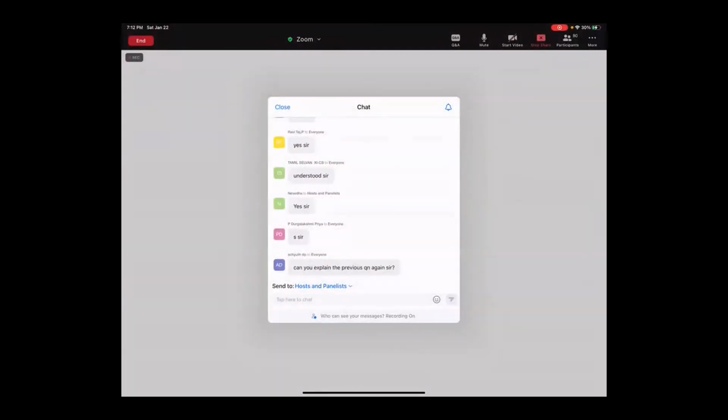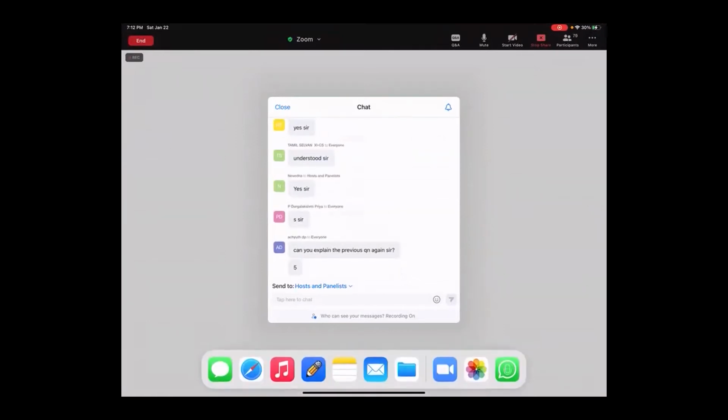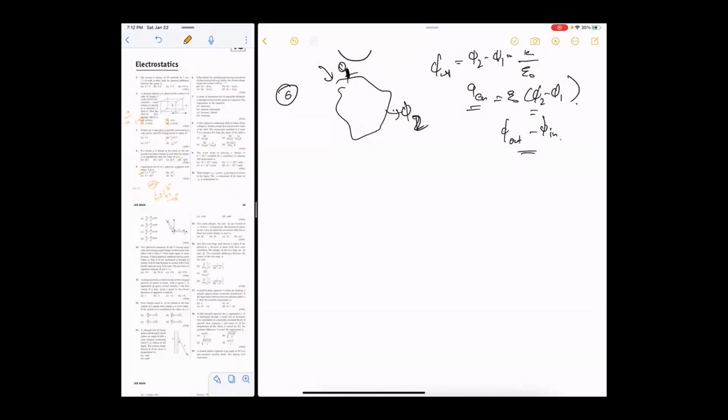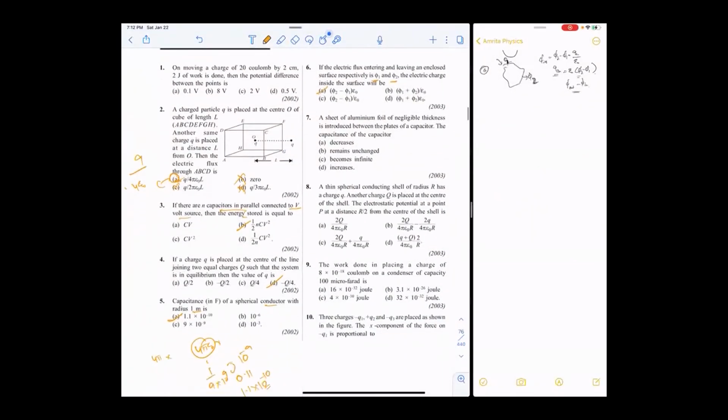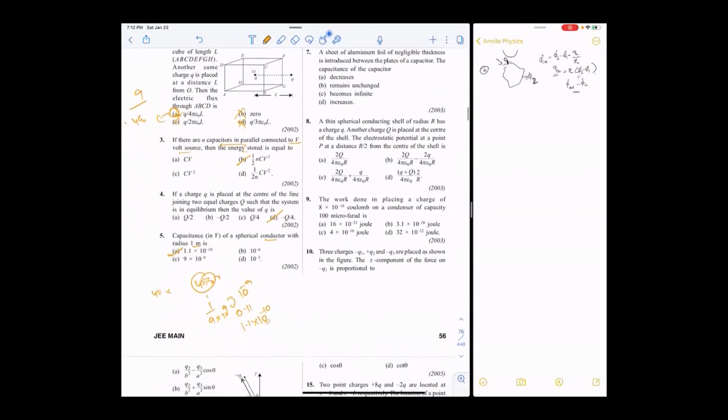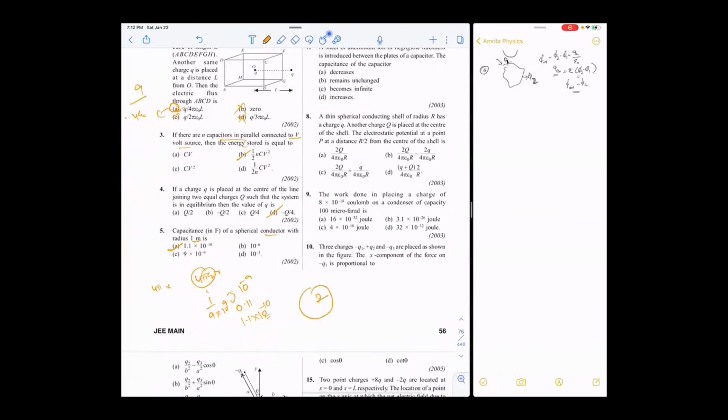Which question number? Achyut. 5. Spherical conductor: if there is a sphere of radius r, its capacitance is given by 4 pi epsilon naught r. This is the formula for a spherical capacitor. 1 by 4 pi epsilon naught value is 9 into 10 power 9.